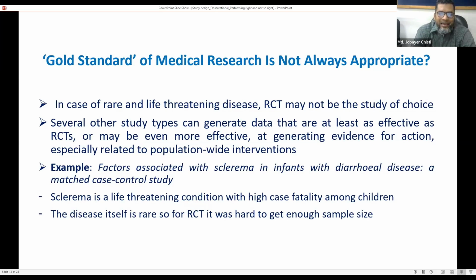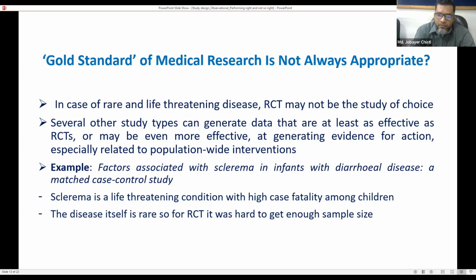And in our center, we did this observational case control study where we treated most of them, those who actually had the opportunity for arrangement of blood.